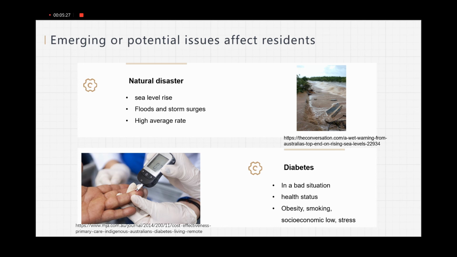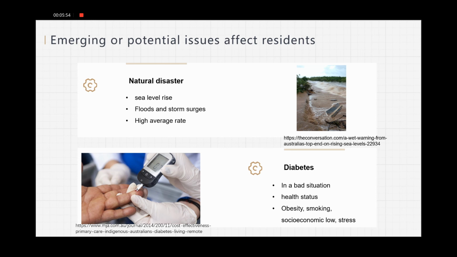Diabetes is a new problem faced by Indigenous people in remote areas of the Northern Territory. According to the latest research in 2015, Indigenous people in remote areas of the Northern Territory have a high incidence of diabetes and its complications at an earlier age.